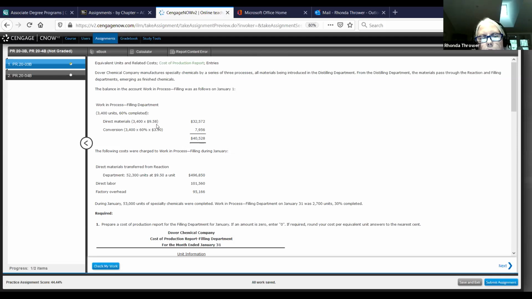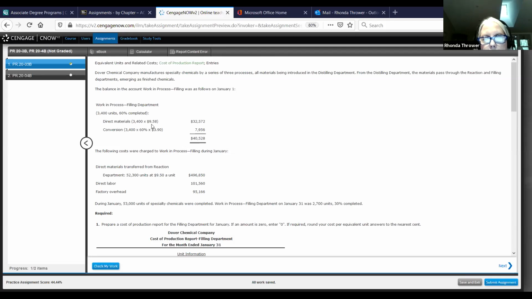Direct materials cost. Right here, they've given you the amount for last month. The cost per equivalent unit was $9.58 last month. That was given right here.